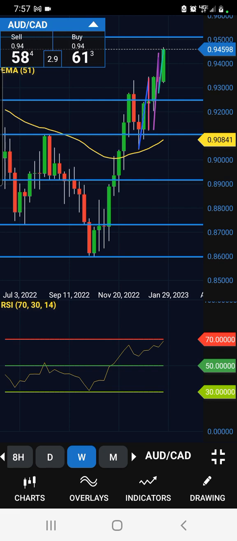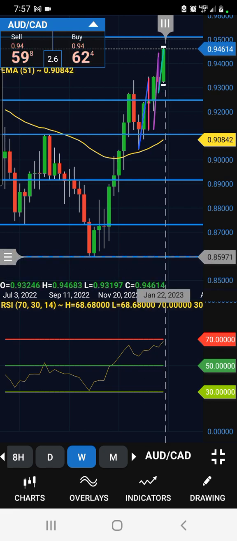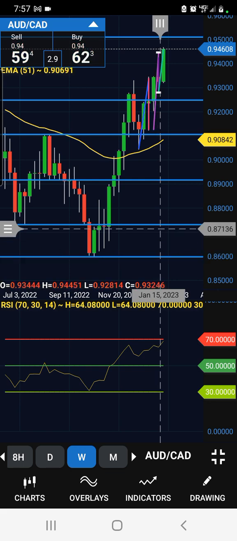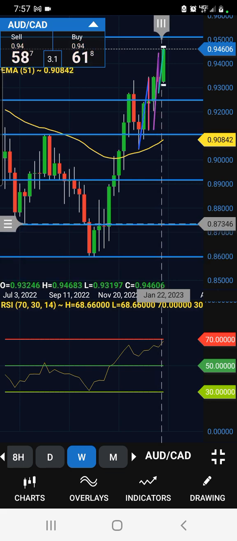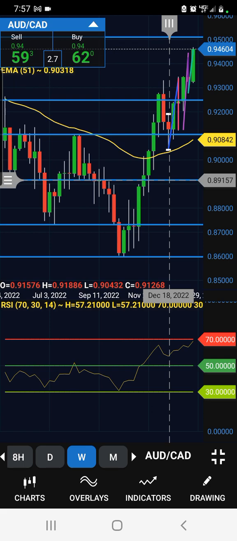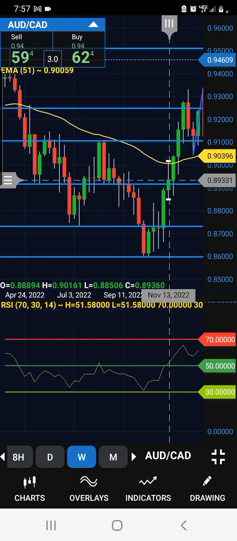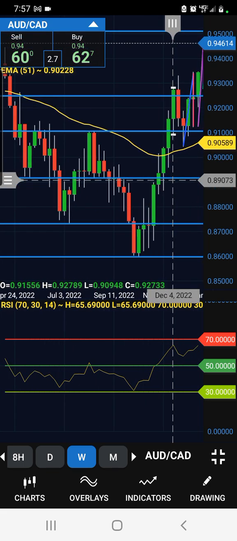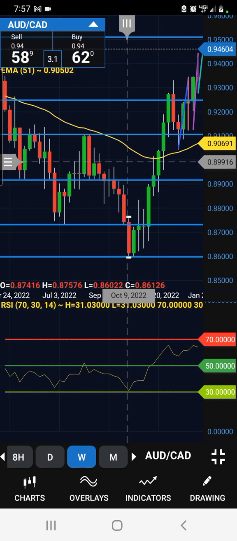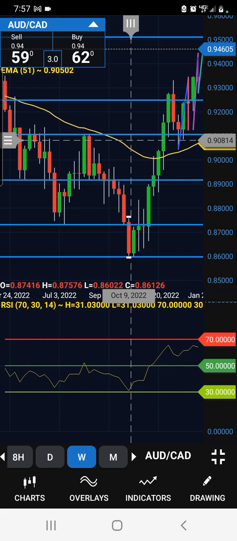Down here at the bottom, you see that there's a support level. The second blue line up from the bottom, that's a support level. The third blue line up from the bottom, that's a support level. The fourth blue line up from the bottom, that's a resistance level.